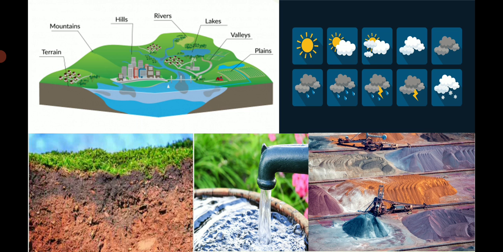After that, soil: what kind of soil is there, fertile or non-fertile. Then comes water and people, which I will explain later. And the last is minerals, what variety of mineral deposits the area has.